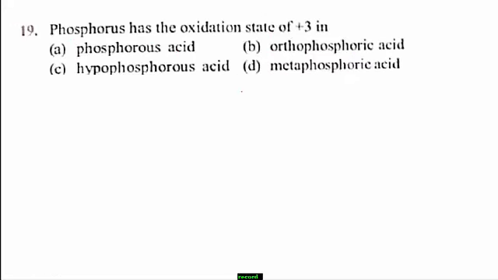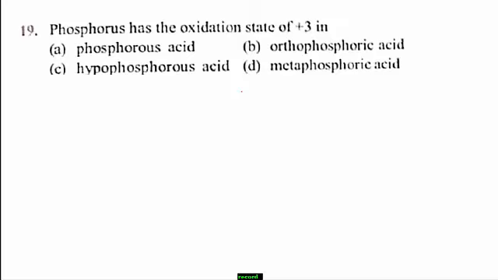Next, question number 19. Phosphorus has the oxidation state of plus 3 in which one? Option A phosphorus acid, option B orthophosphoric acid, option C hypophosphorus acid, and option D metaphosphoric acid.